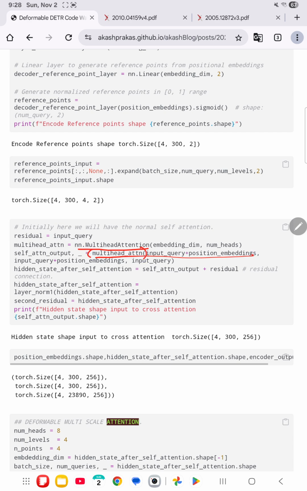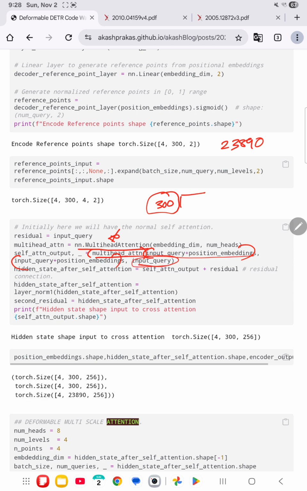And why we are okay using multi-head attention here is because our query sequence length is smaller. It's 300. On the encoder side it was 23890, so here it's much smaller. So we are fine with using multi-head attention for the initial self-attention part. So that is done. You can see this is the key, this is the query, and this is the value matrix.